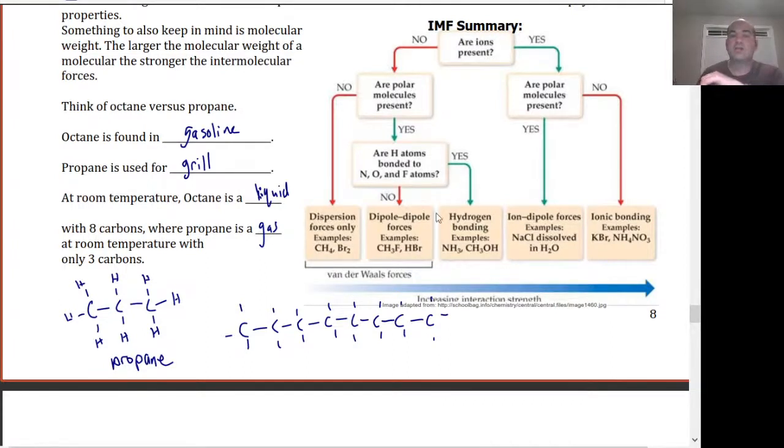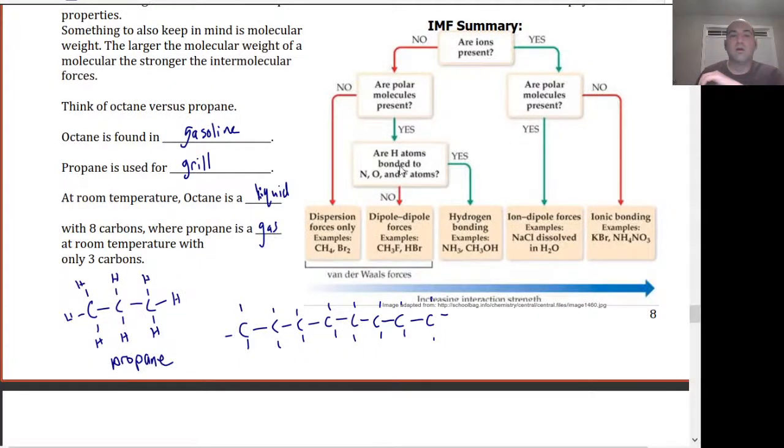Then your strongest intermolecular force is hydrogen bonding. If you didn't have those hydrogens bonded to N, O, or F, you'd have dipole forces. And if you said there was no polarity at all, then you can only have dispersion forces. All right, questions about that classification?